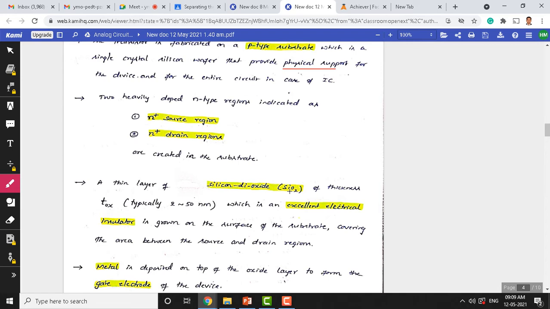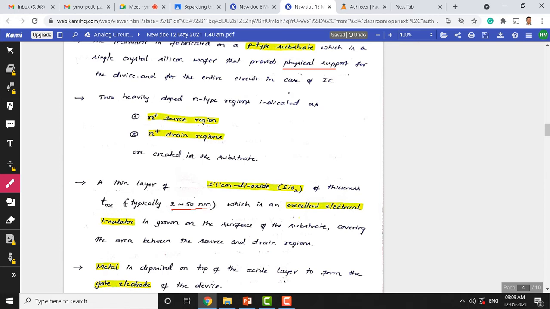A thin layer of silicon dioxide of thickness typically 2 to 50 nanometer. As you can see, the silicon dioxide is very thin, in terms of nanometers. When we compare this with the source region and drain region, the depth of those is very large, but here the silicon dioxide thickness is very small.